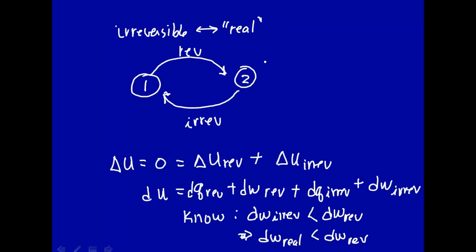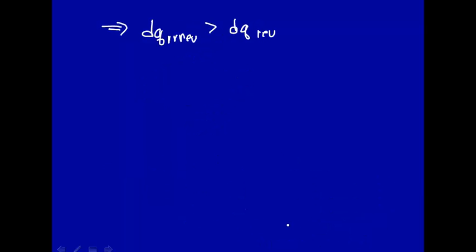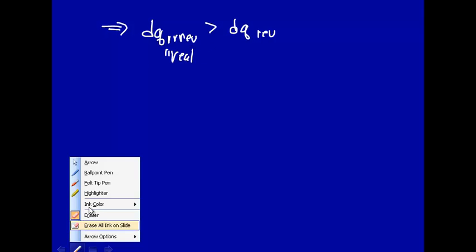We know that this is less than that, so in order to balance out, the Q irreversible, or real, will have to be greater than the ideal.